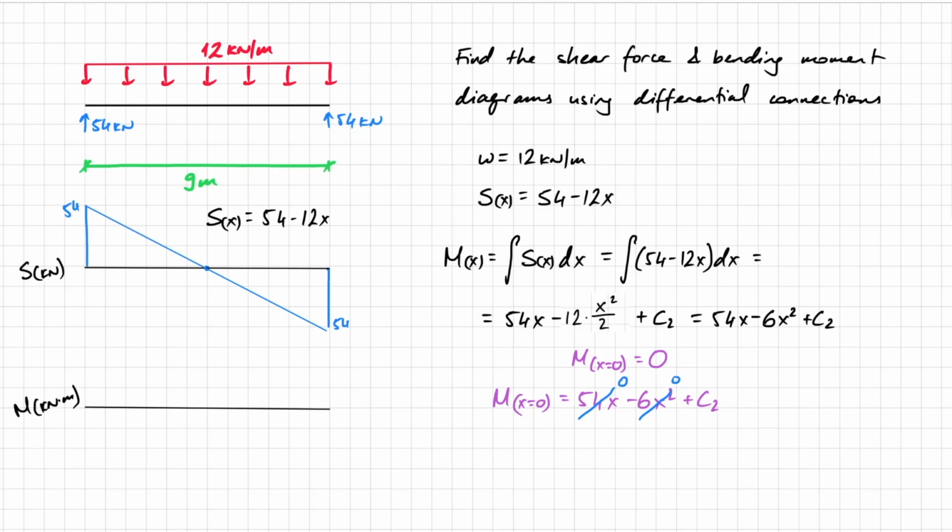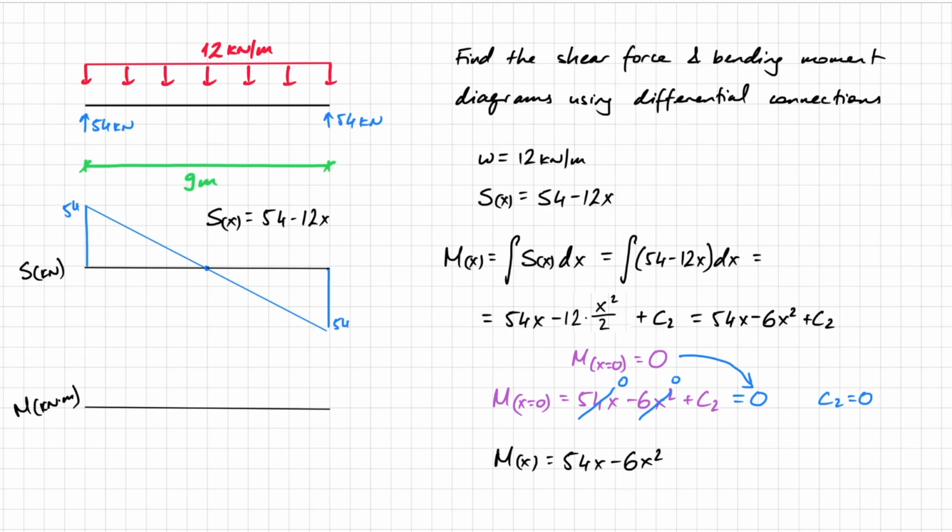I'm left only with C2, and that needs to equal 0, and therefore C2 equals 0. And therefore, the equation for moment, M(x), is 54x minus 6x squared.